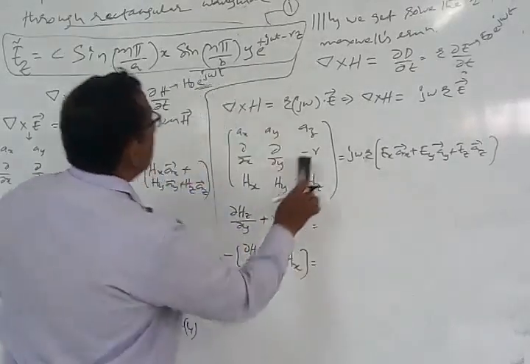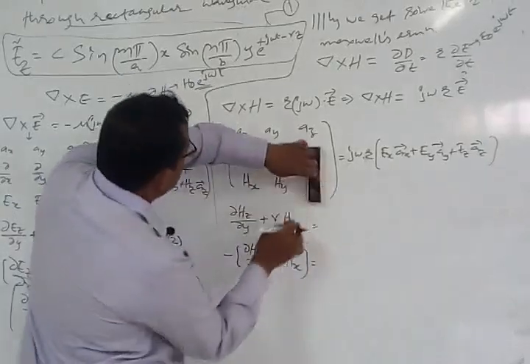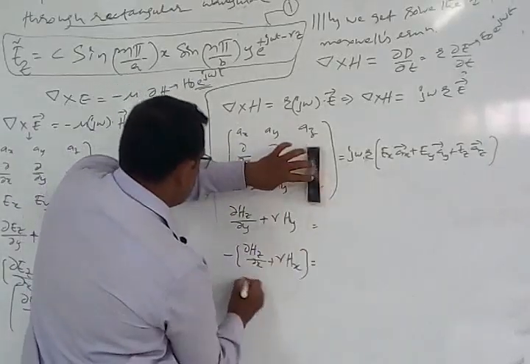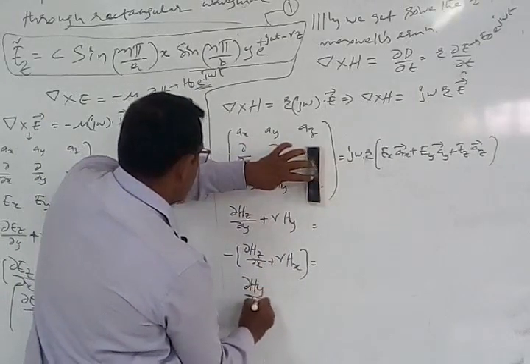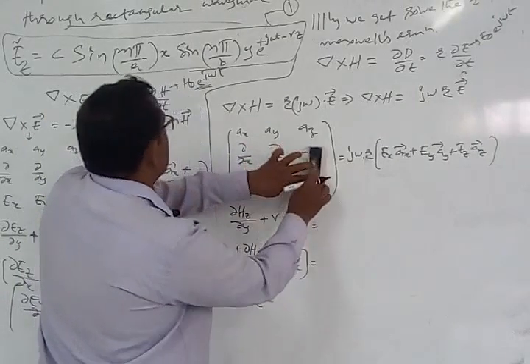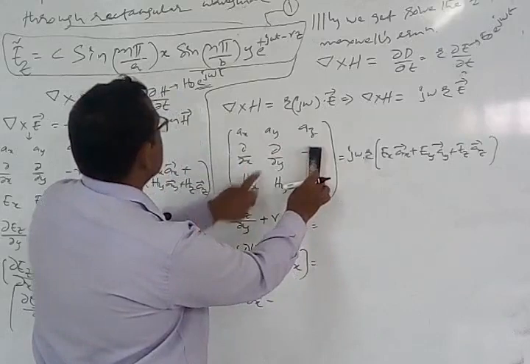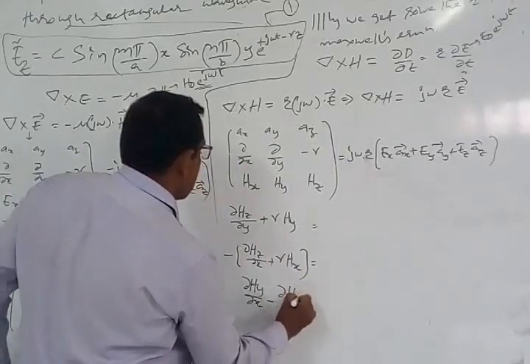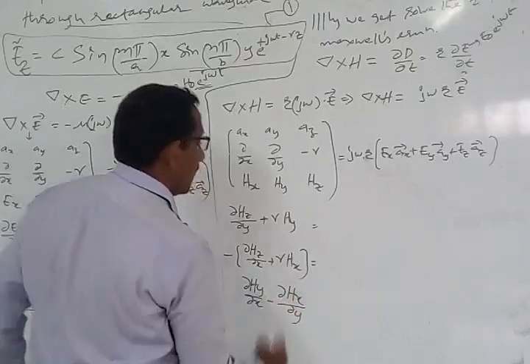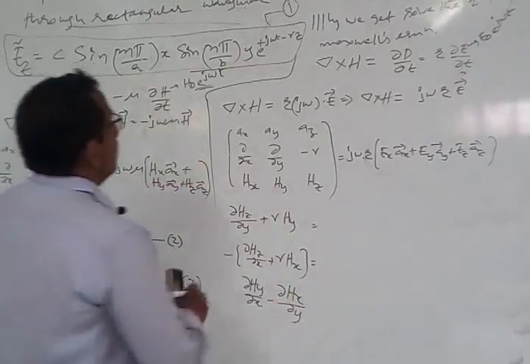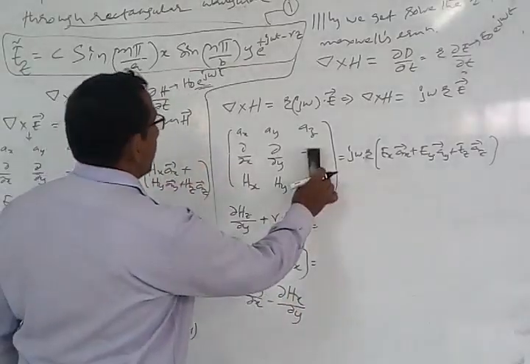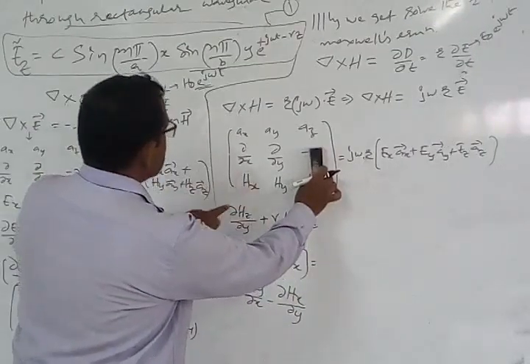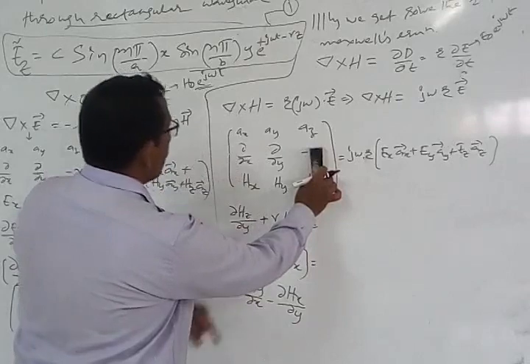Next part is going to be the Az part. Az part means dou Hy by dou x minus dou Hx by dou y.